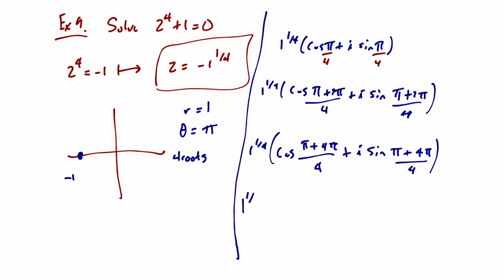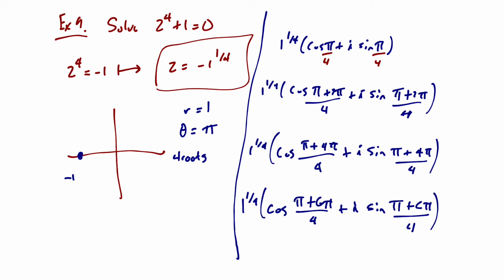And finally, 1 raised to the 1/4 of cosine of pi plus 6 pi divided by 4 plus i sine of pi plus 6 pi divided by 4. And the last step that we just need to do is simplify each of these. So let me copy these to a new page.